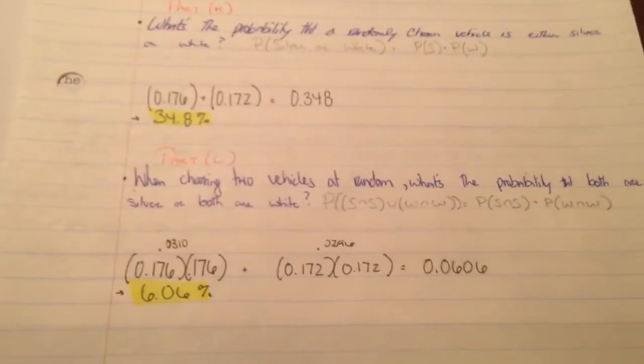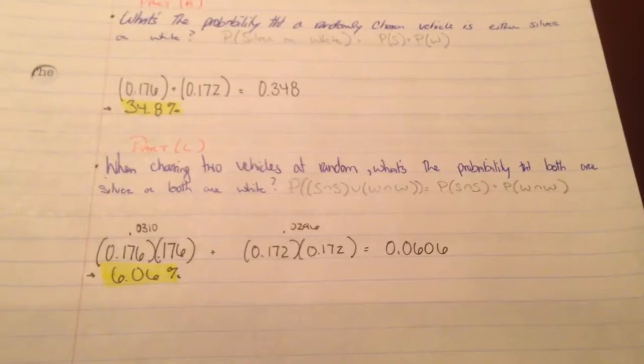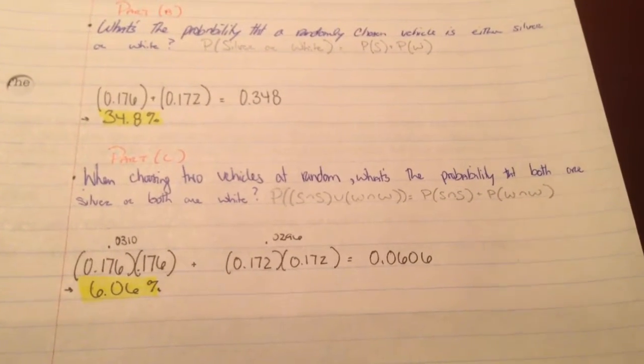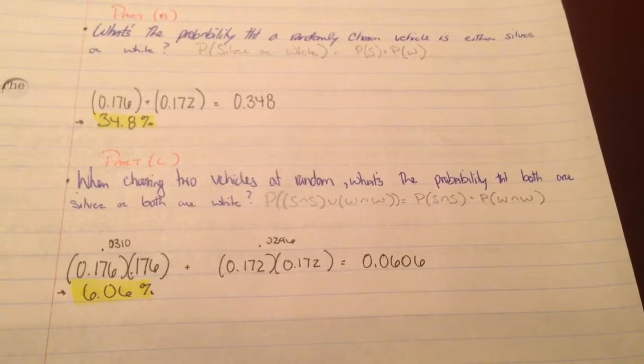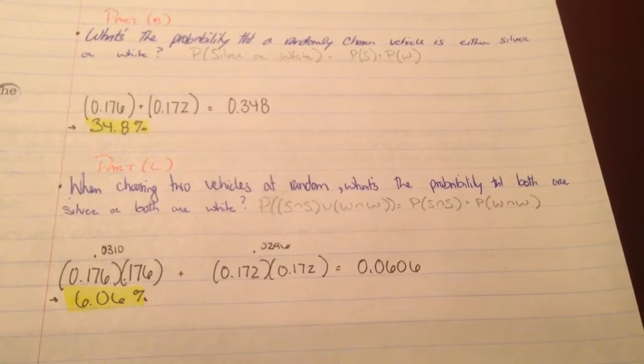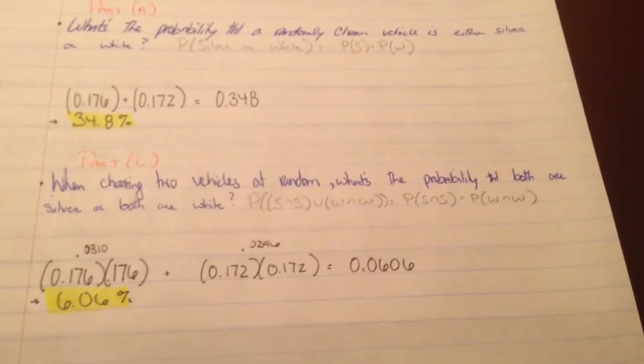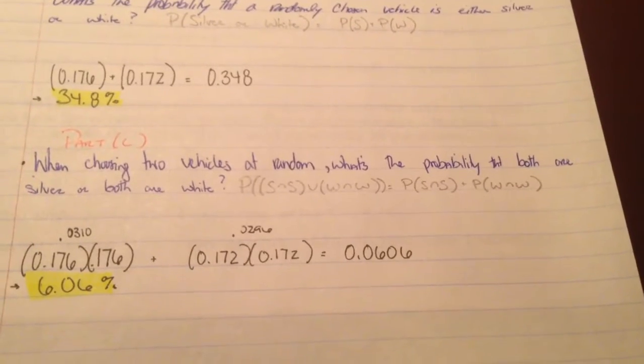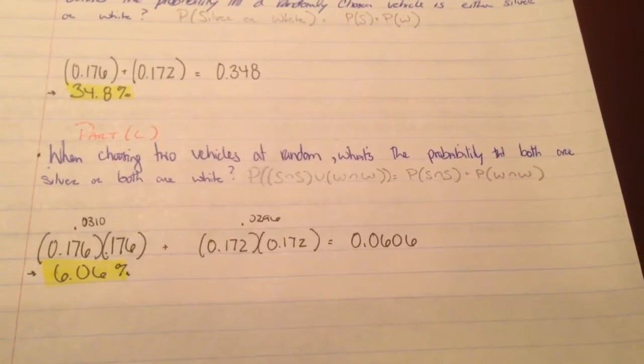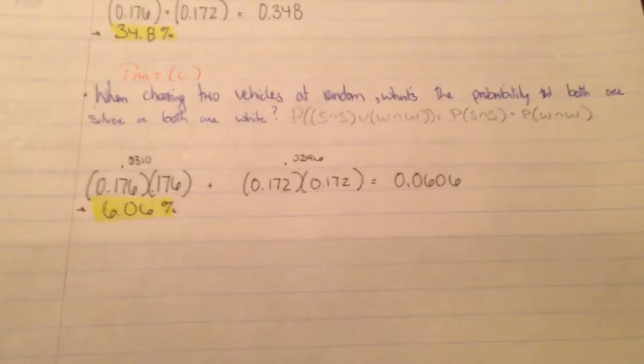Moving on to part C of this question, the final part of this question, it's asking you, when choosing two vehicles at random, what's the probability that both are silver or both are white? Up here in the top right next to your question is the formula for this question, and at the bottom right here is the work.